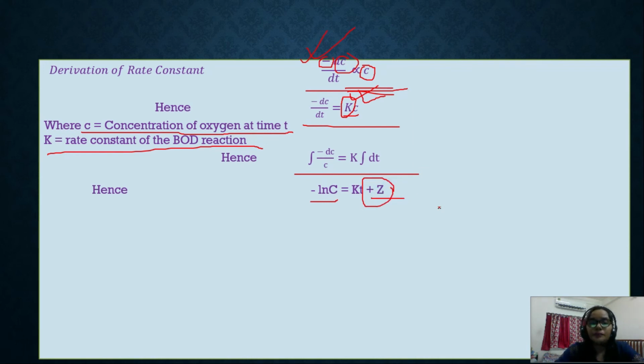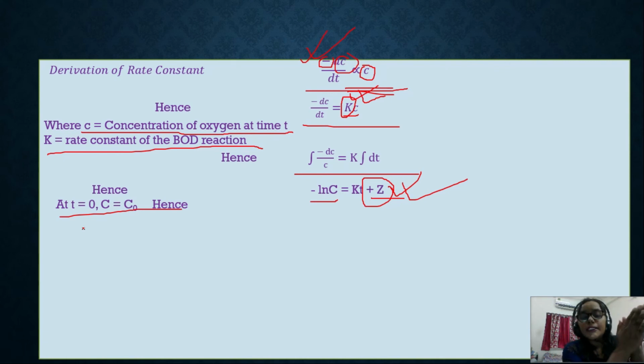Now we have to find out the value of z. How will we find it? We have to put in these conditions. What are the conditions? t equals 0, where t is the time.